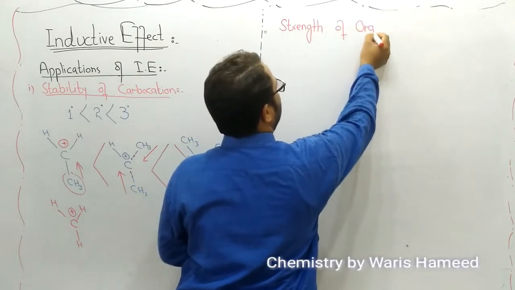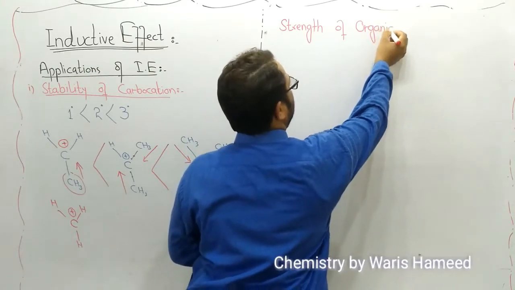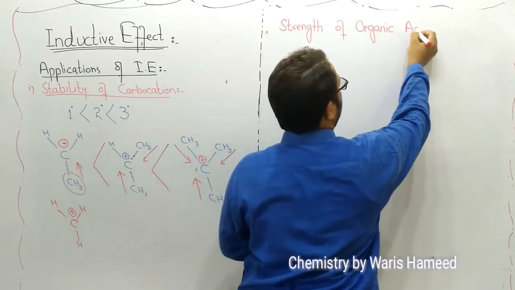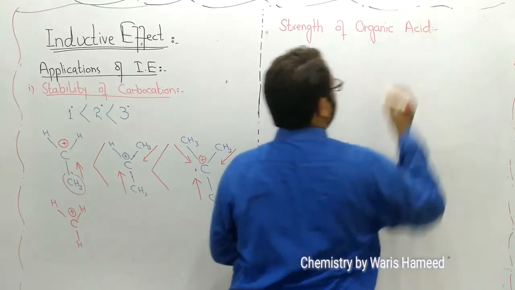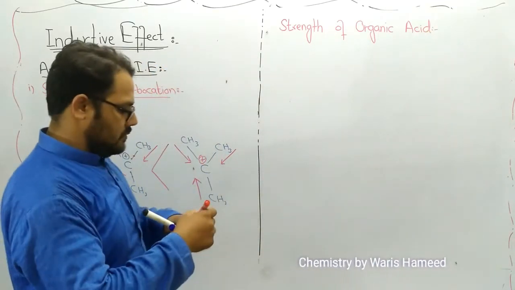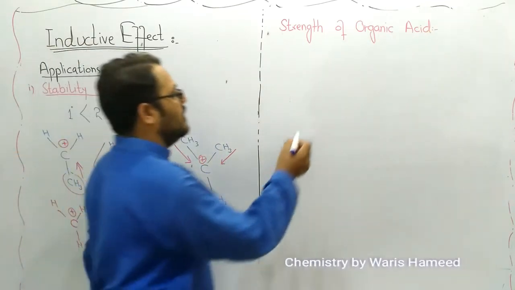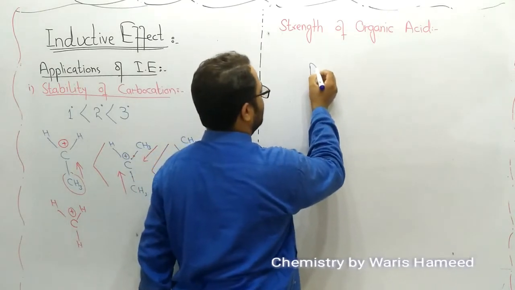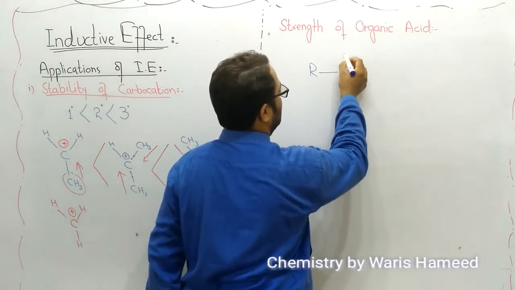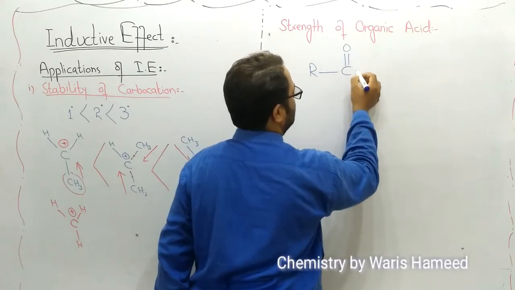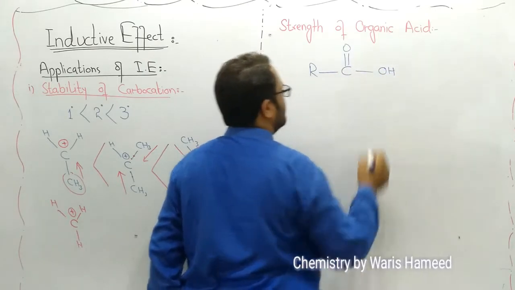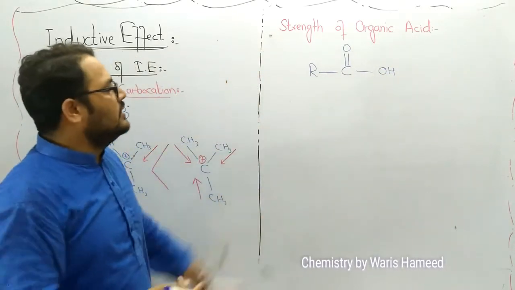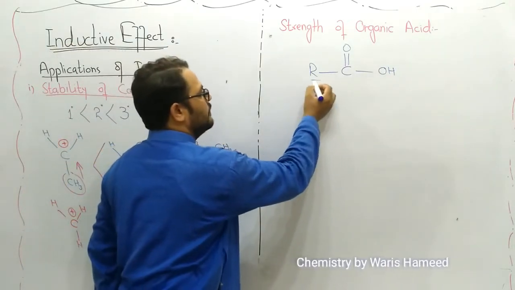Organic acid. For example, we have a carboxylic acid having an R group. We can analyze its strength by this group.